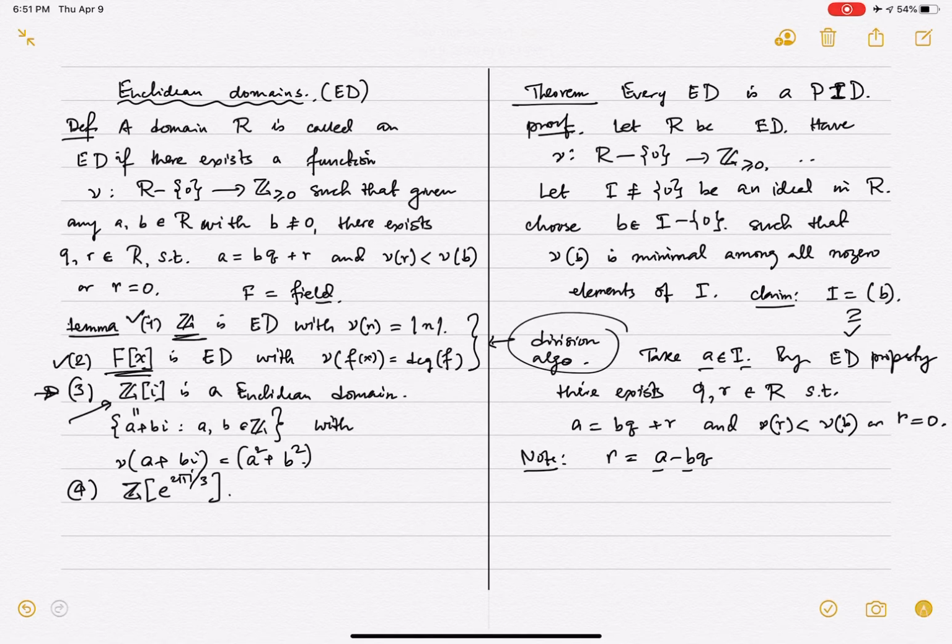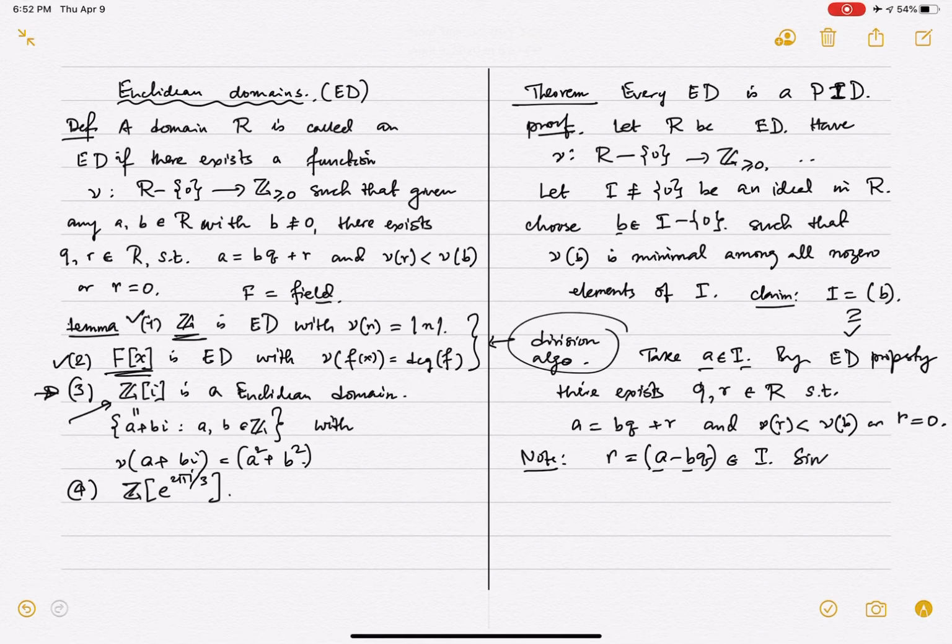A is in the ideal by choice, B is in the ideal by our definition of B, so R is in I. But then B was the element of I that has least possible nu value. But this R has even lesser nu value, so R has to be 0.